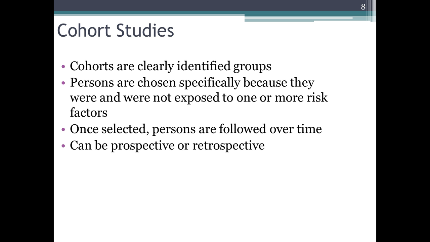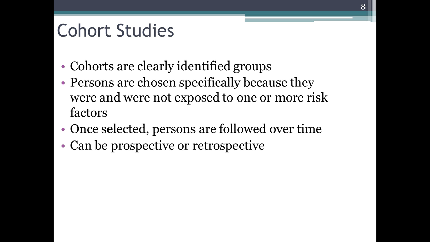Well, cohorts are clearly identified groups, and the researchers specified the features, the criteria to belong to this group. It is based on an extensive literature review and supported by scientific evidence that you are going to group your cases into a cohort.